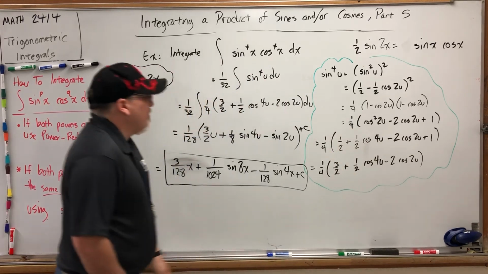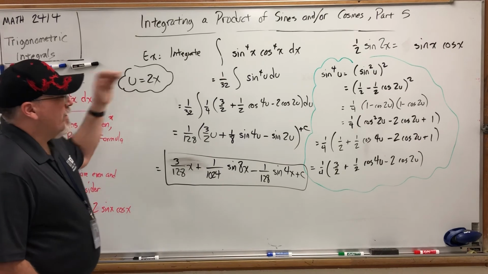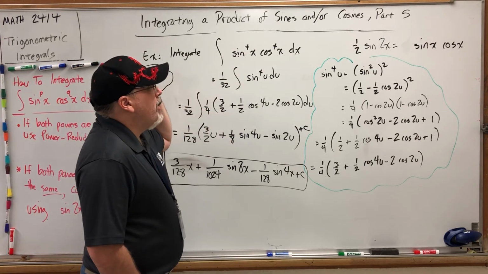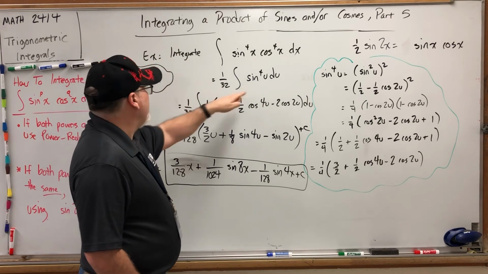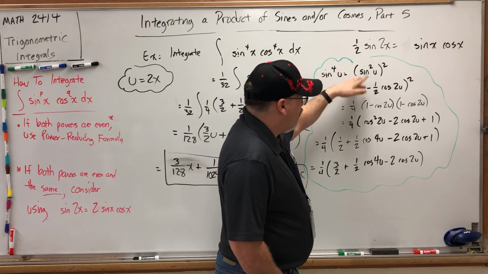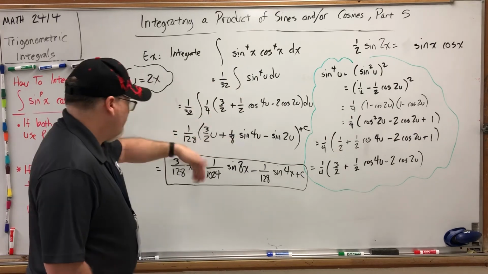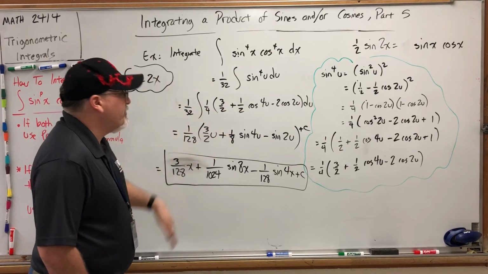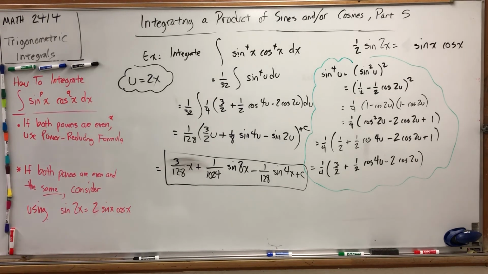So if we were to just summarize, we did algebra, trig, a little bit of calculus when we did the u substitution, and then algebra, trig, algebra, a little bit of calculus, and then we undid the substitution. So I'm not lying when I say you should have a good grip on algebra and trigonometry, but if you don't, it's not the end of the world. You just can't get scared.